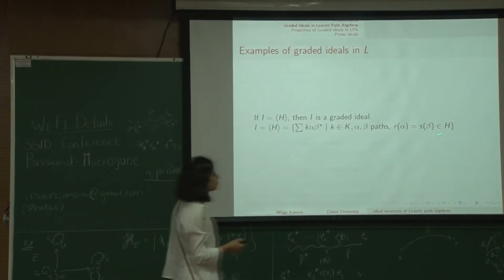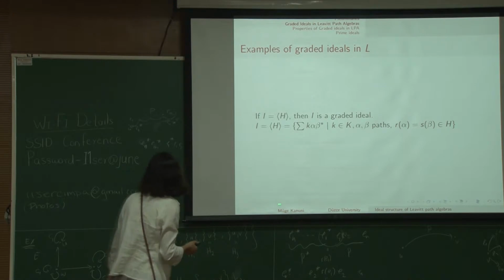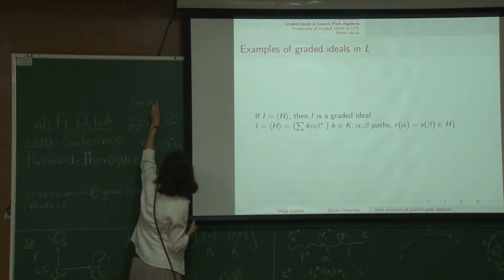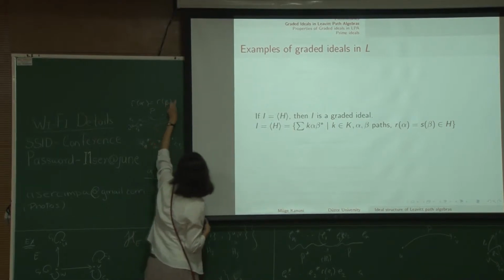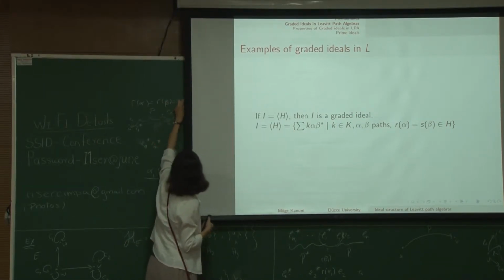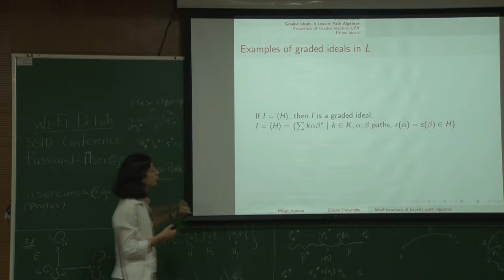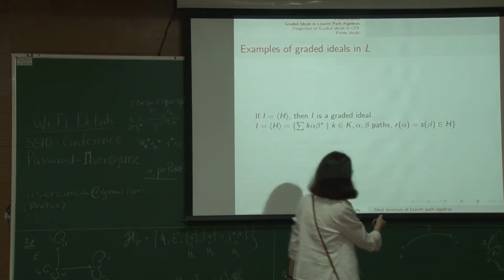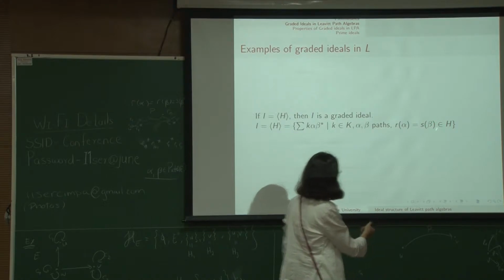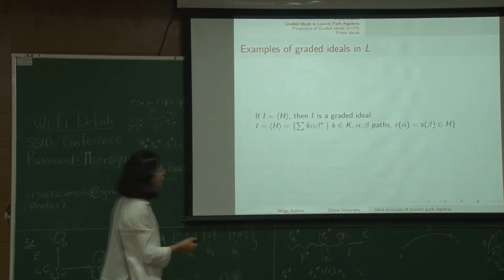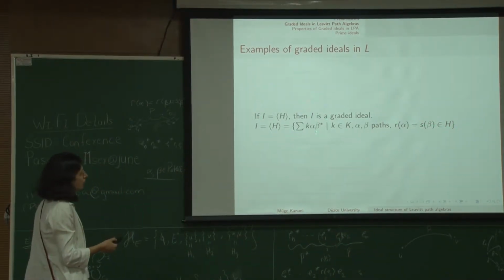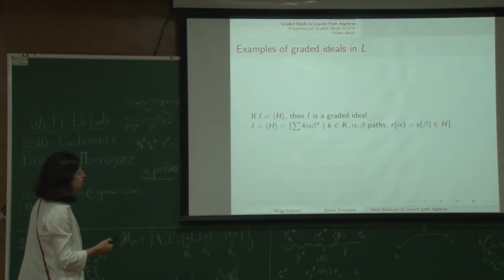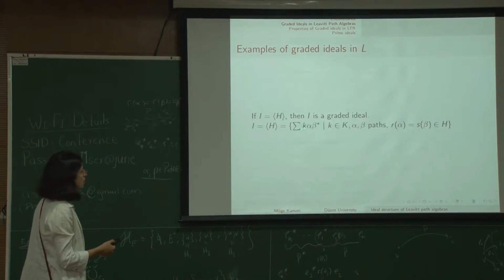This should be the source of beta star, or I apologize. That should be: range of alpha is equal to the range of beta, which is the source of beta star. I apologize for those who cannot see what I've written. This should be a beta star here, or range of beta. That has to be in H, so this element is also generated and is in H.